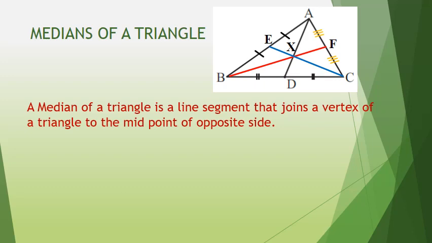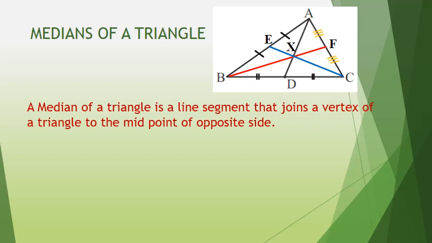That is, a line segment drawn from any vertex of the triangle to the midpoint of the opposite side is called a median of a triangle. You can remember it this way: median means midpoint, that is, the line segment joining the midpoint of a side to the opposite vertex. That is called the median of a triangle.